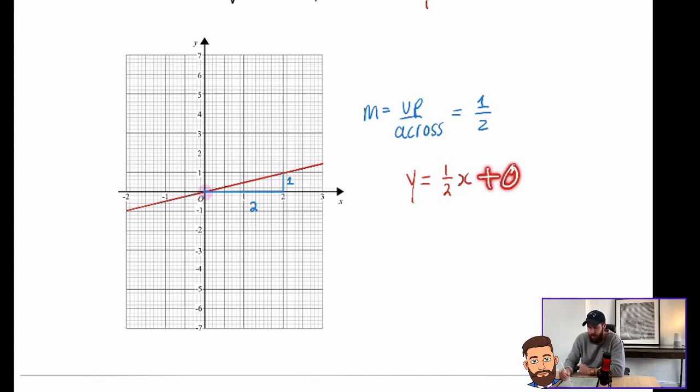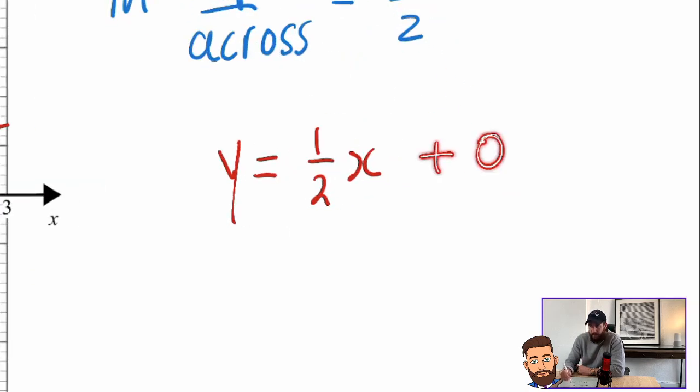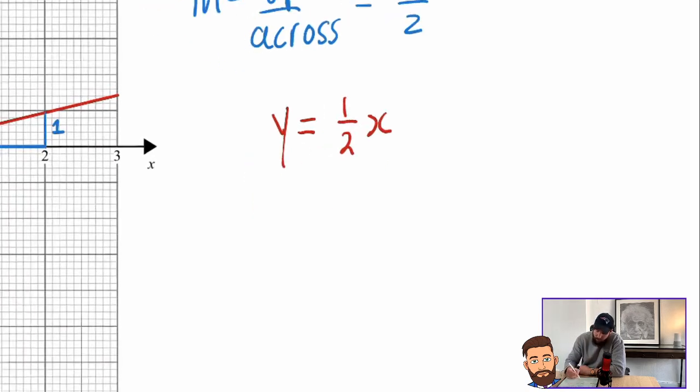We spoke in the last lesson, it's absolutely pointless for me to write plus 0, and it looks very strange. So if it crosses at the origin, here's a really good note for you to add.